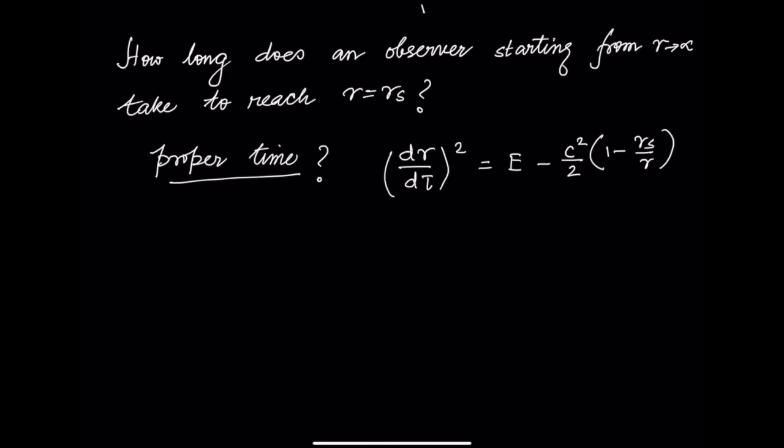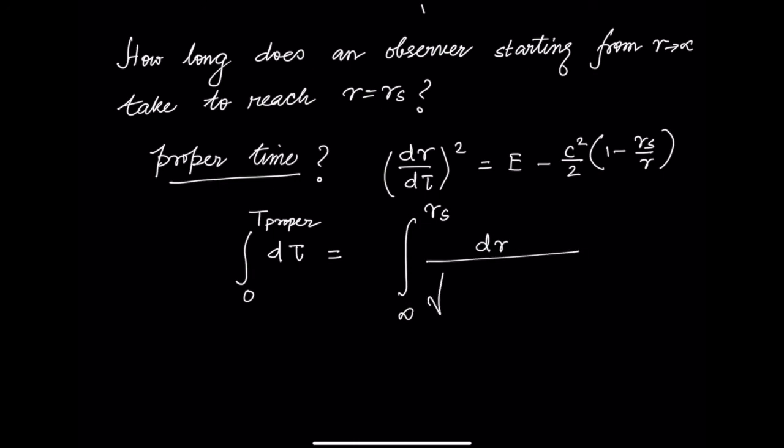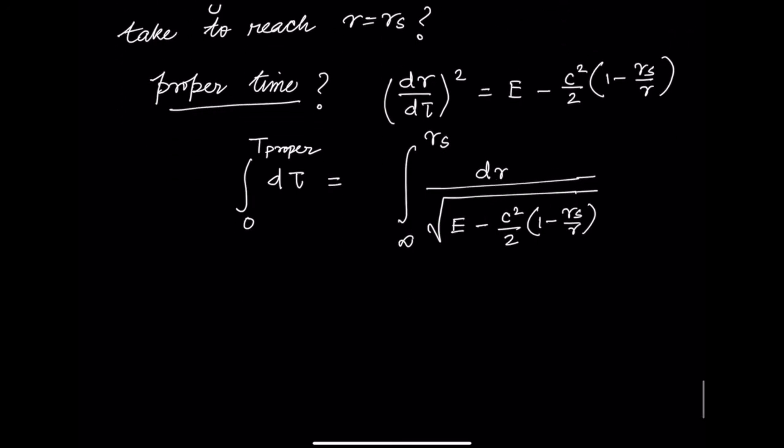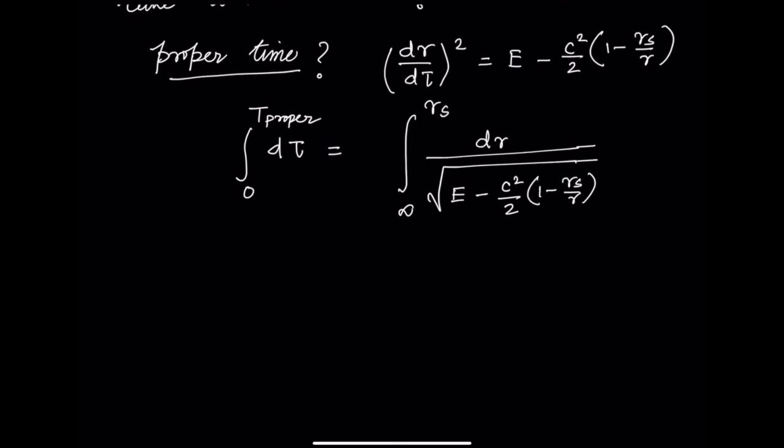So how do I calculate the proper time dτ? I have to integrate from infinity to rs, and this integration is dr over a square root. I can see this integration is quite finite.